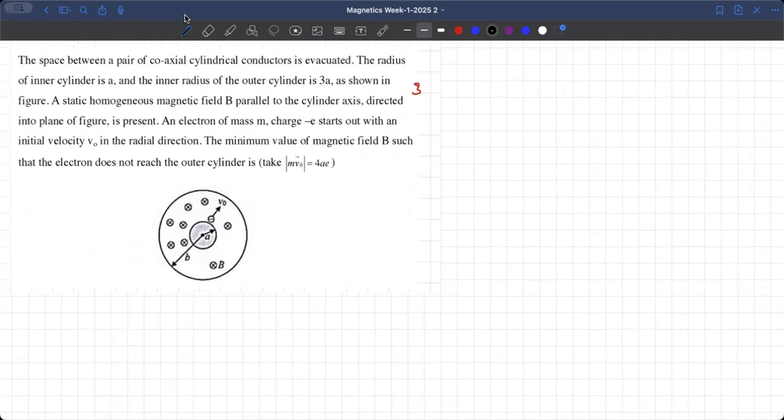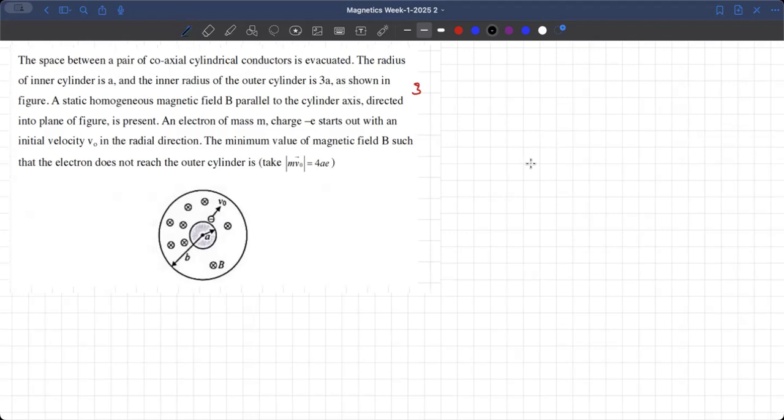A static homogeneous magnetic field B parallel to the cylindrical axis, directed into the plane of the figure, is present. An electron of mass m, charge minus e, starts out with an initial velocity V0 in the radial direction. Find the minimum value of B such that the electron does not reach the outer cylinder.